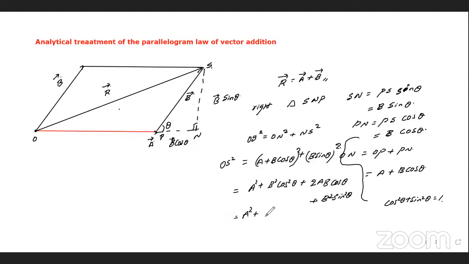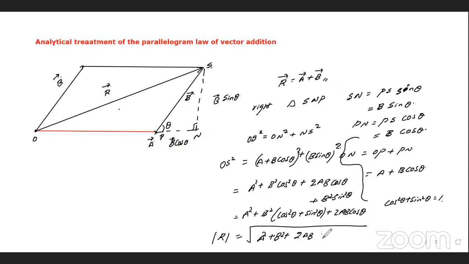So A square plus B square, taking the common term, cos square theta plus sin square theta, plus 2AB cos theta. Cos square theta plus sin square theta is nothing but 1. So OS square is your resultant. I'll take it as R, the magnitude here. So R is equal to square root of A square plus B square plus 2AB cos theta. This is your resultant magnitude.